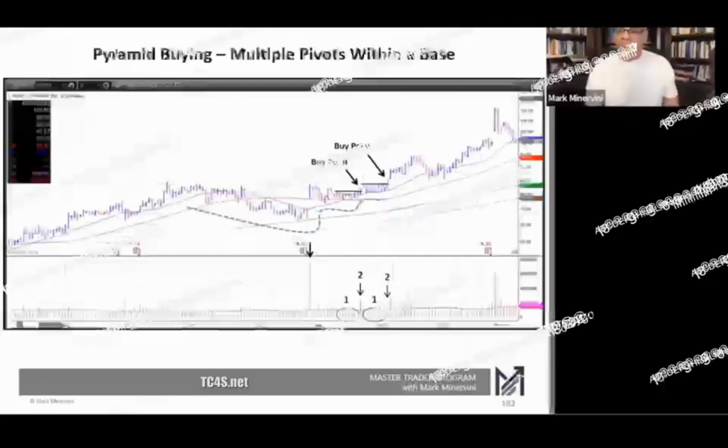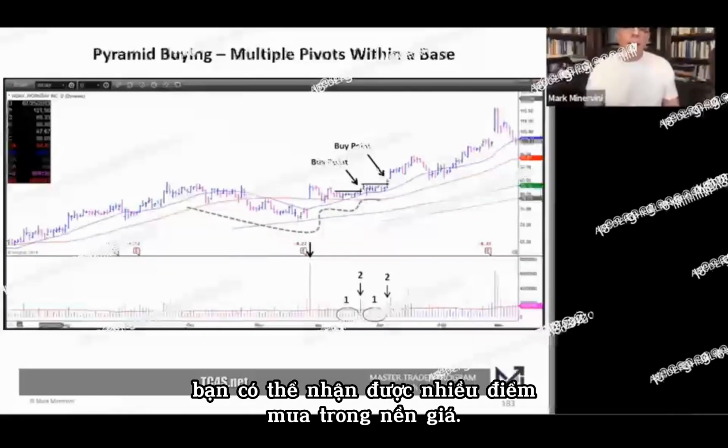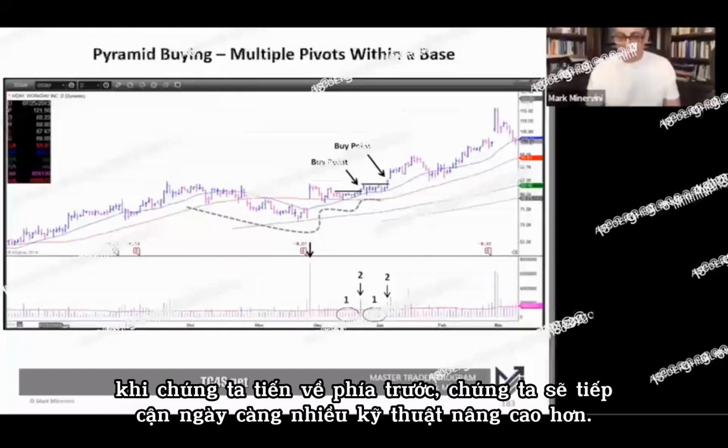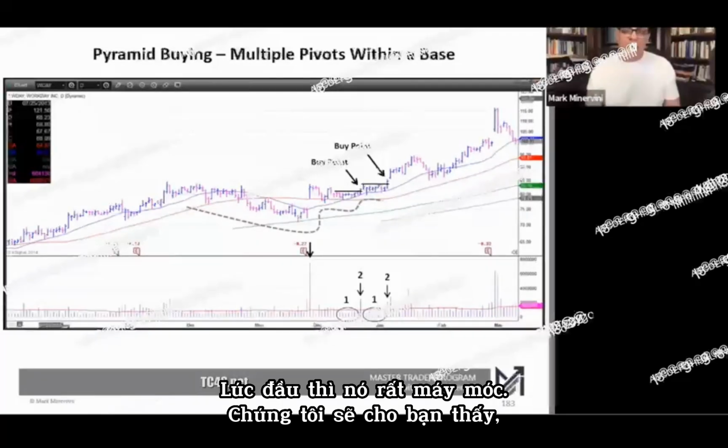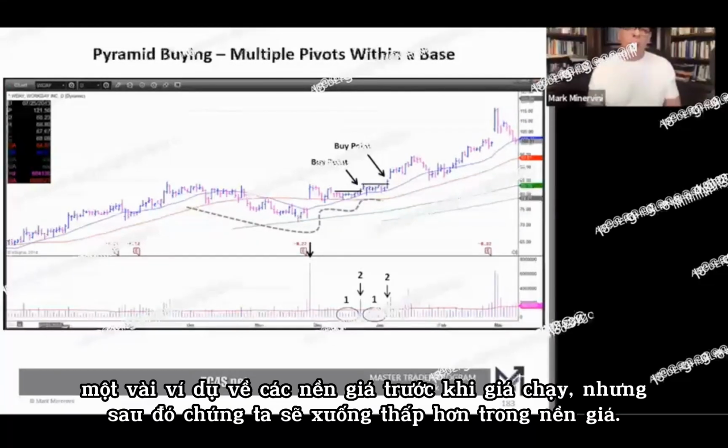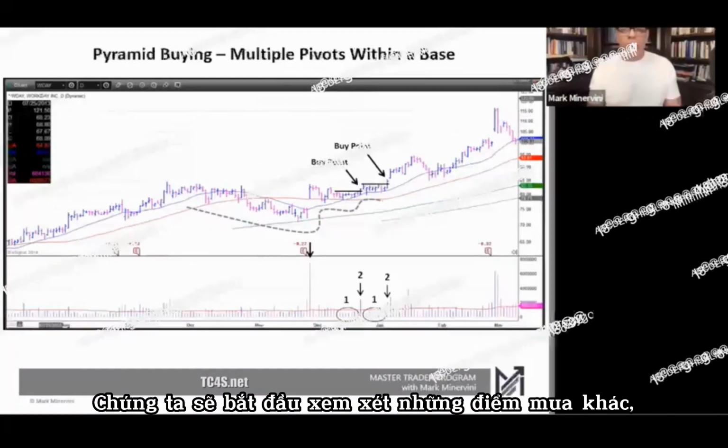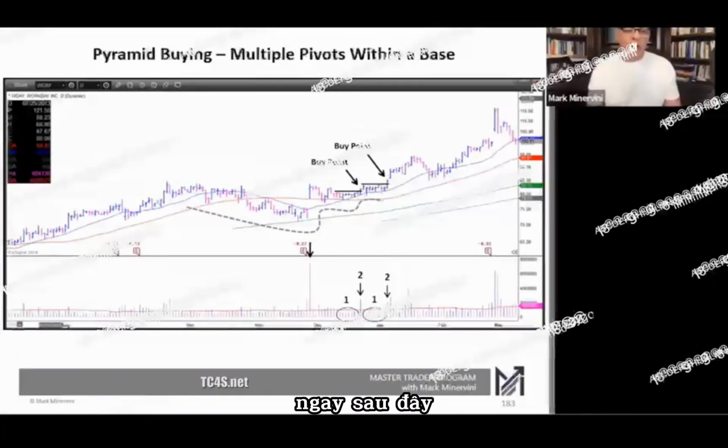Now, you can get multiple buy points within the base, and as we move forward, we're going to get into more and more expert techniques. In the beginning, it's going to be very mechanical. We're going to show you a couple of moving parts, but then we're going to get lower in the base. There are other buy points, which we're going to get to in just a second.